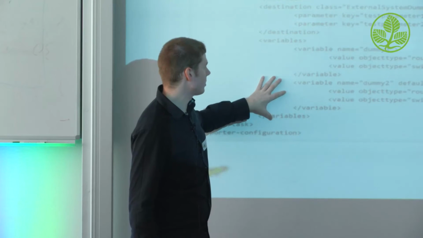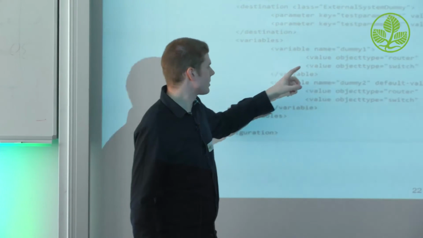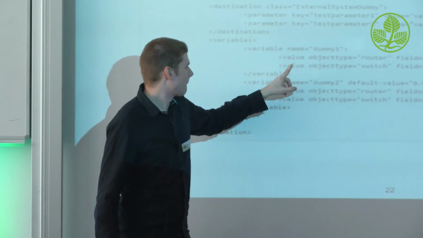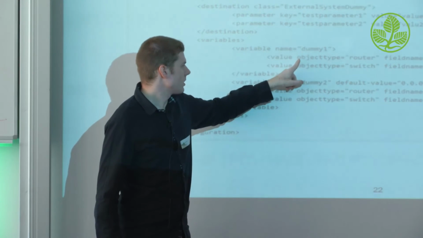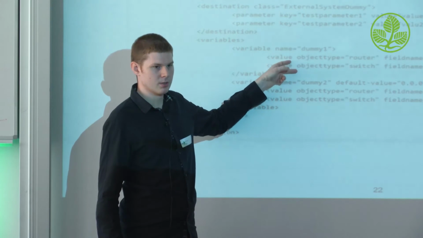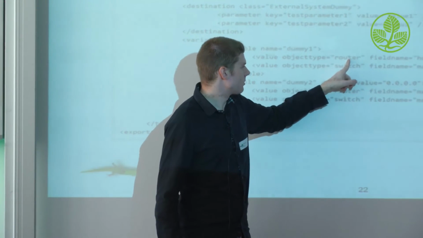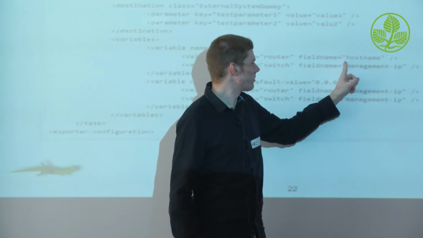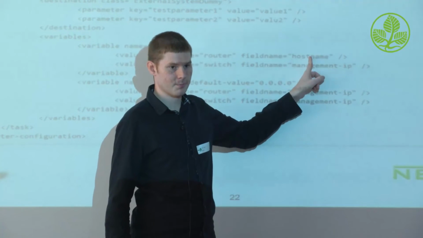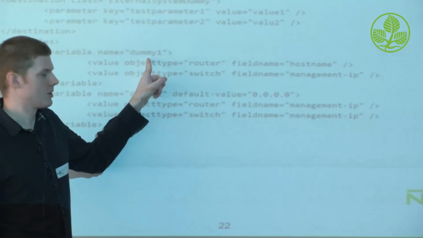Then we have a block called variables. We can create variables, for example, dummy1 here as the variable name. And we use the values from different fields. So for example, here we have the object type router, and we use the content of the field host name, which is the value for dummy1.